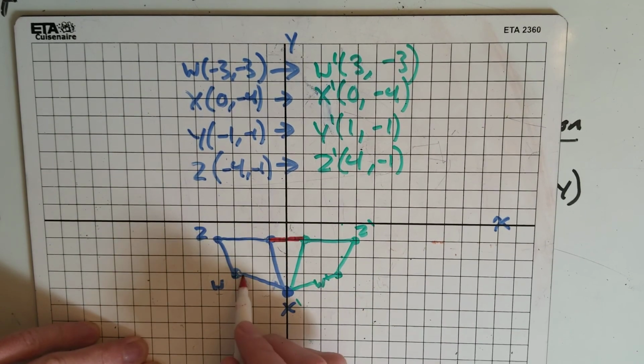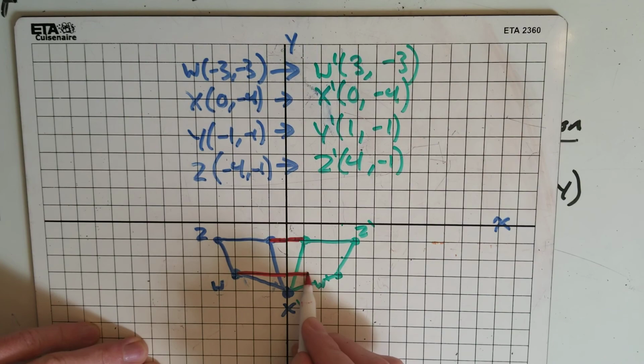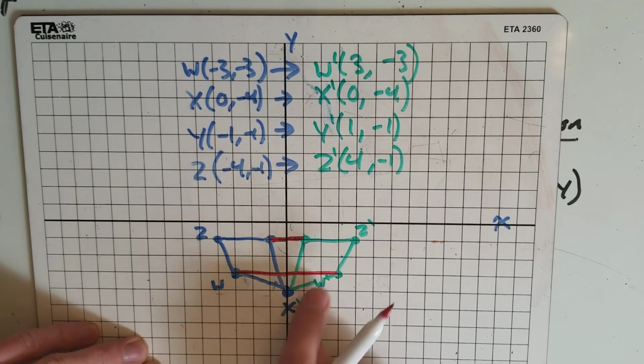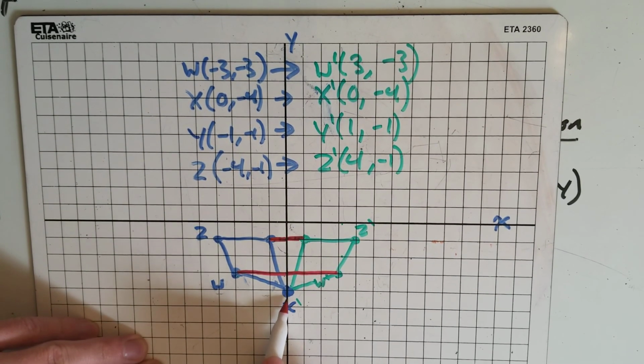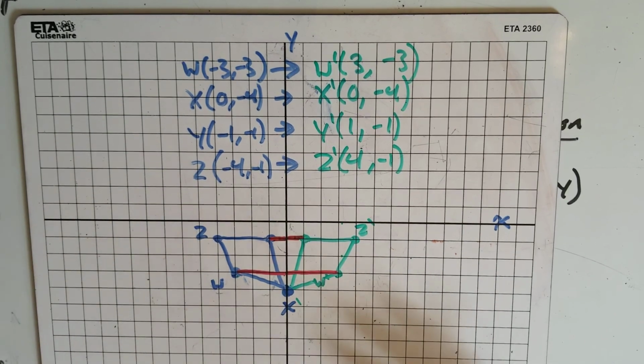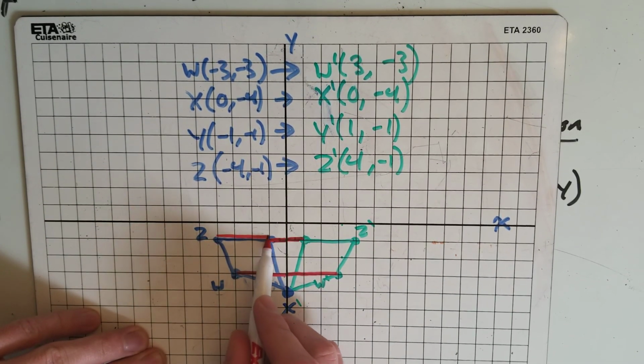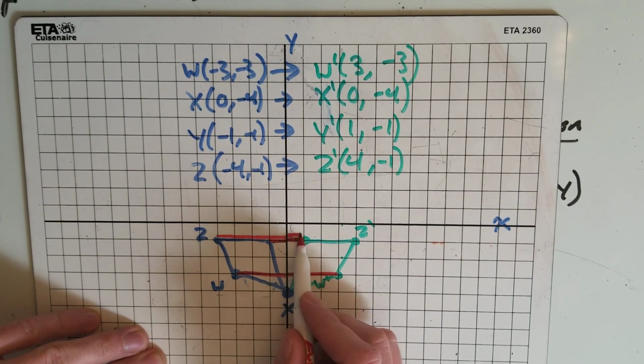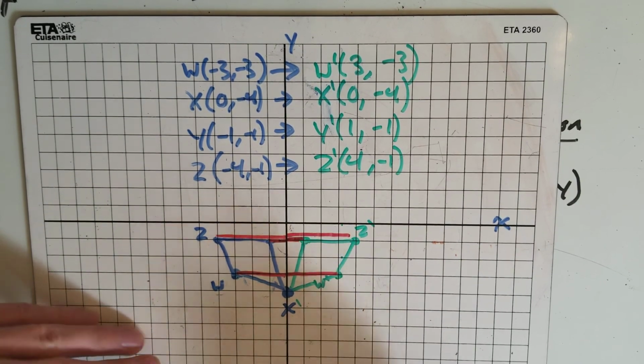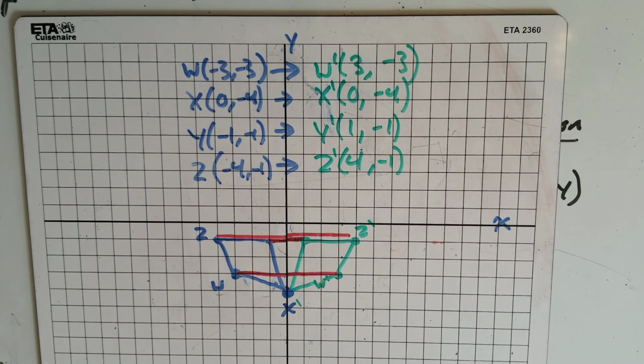W started out 3 units away, so when you reflected, you're going to be 3 units away. That's another way you can do the reflections. X fell on the line of reflection, so it stays the same, and Z was 4 units away, so you'd be 4 units away over here. You can do that as well. We'll do that for the next one.